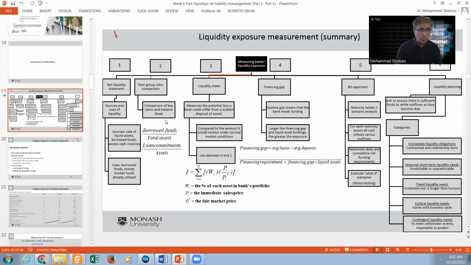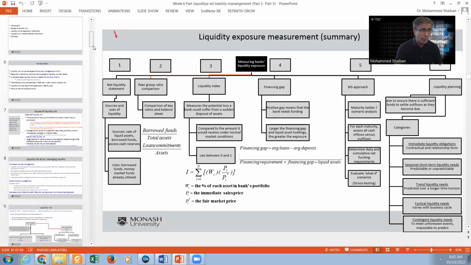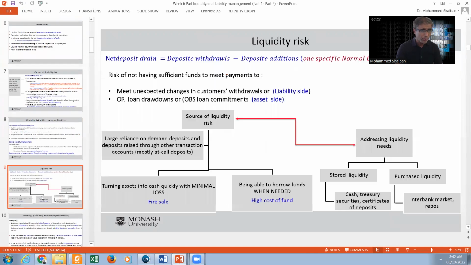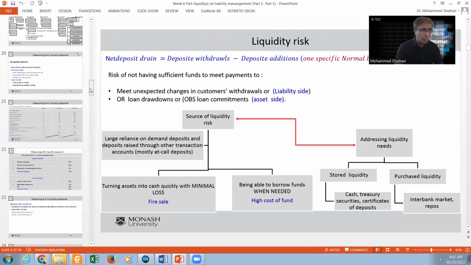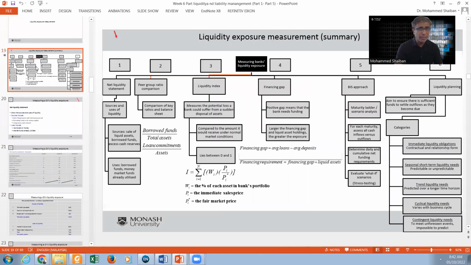The first part we talked about was liquidity reasons, and this part is the measurements we are talking about now.